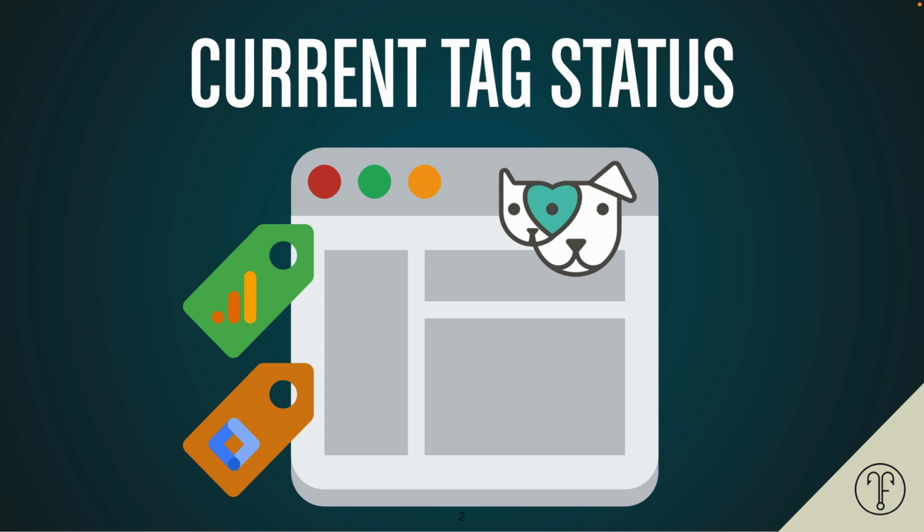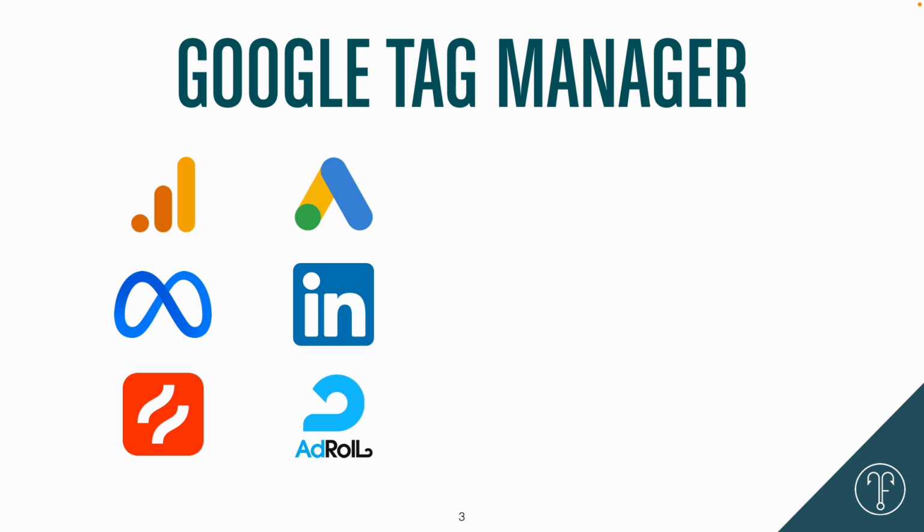Now, the primary benefit is Google Tag Manager is what you see right here. Typically, when we work in digital marketing, we've got a lot of different software that we rely upon, whether it be analytics or advertising or screen recording and heat map tools like Hotjar, even advertising platforms. Every one of these requires that we place a tracking script, a piece of code, a piece of JavaScript on the website to enable these tools.